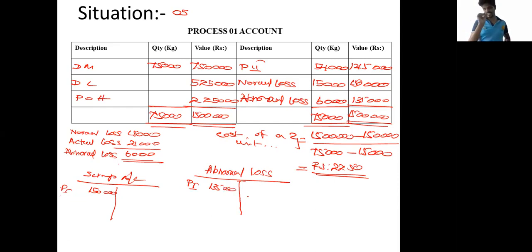Now here one matter is there. We expected a scrap value of 150,000. We expected the wastage of 15,000 kilograms, but actually it was 21,000.